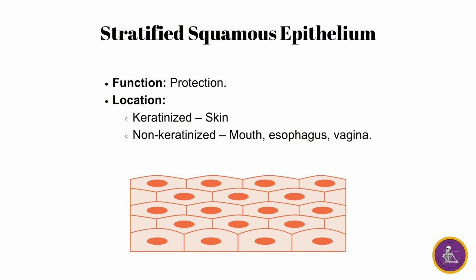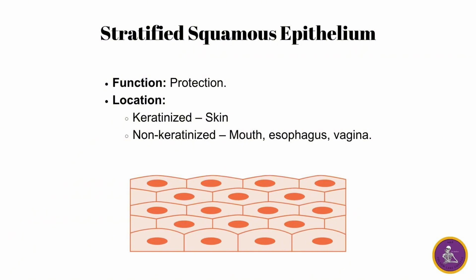Stratified squamous epithelium is composed of multiple layers of cells, with the top layers being flat and scale-like. Its main function is protection, especially against friction and abrasion. There are two types. In keratinized stratified squamous epithelium, the outermost layers are filled with keratin, a tough protein that provides water resistance and strength.